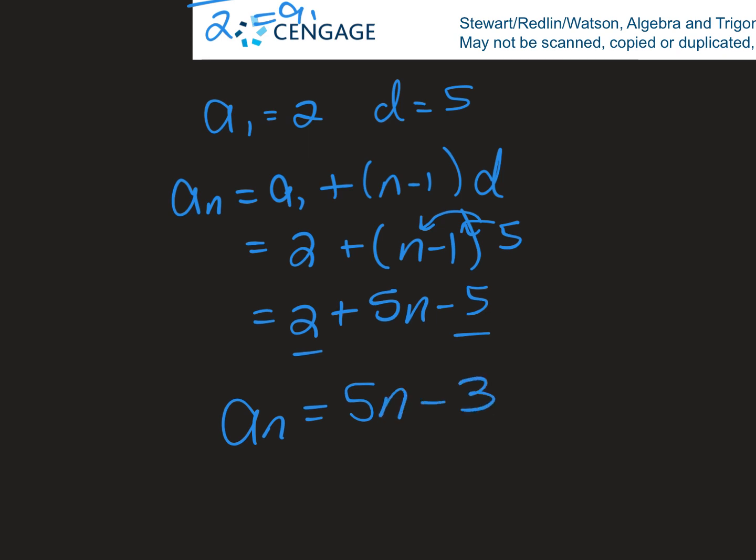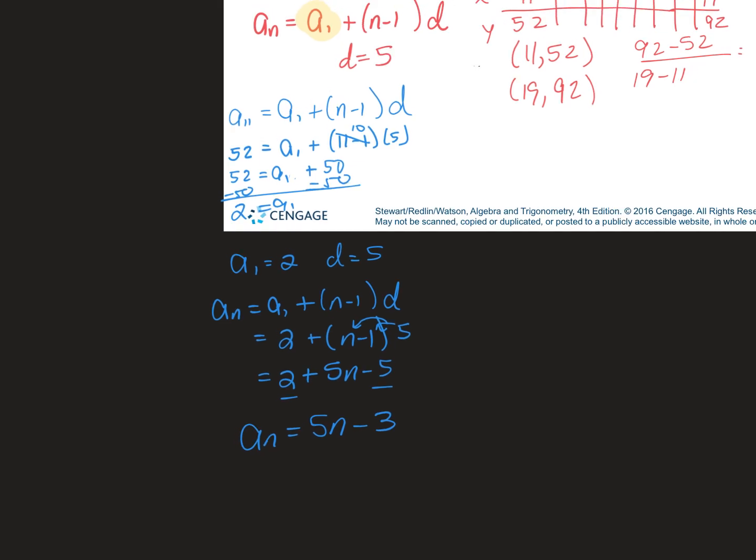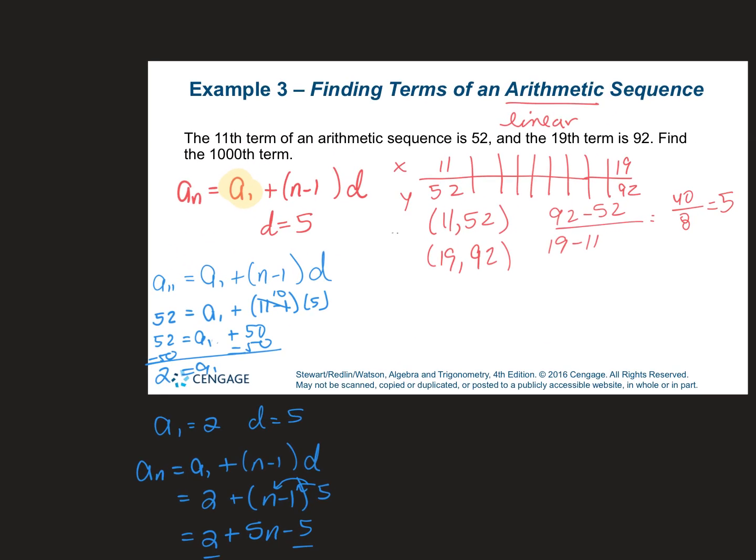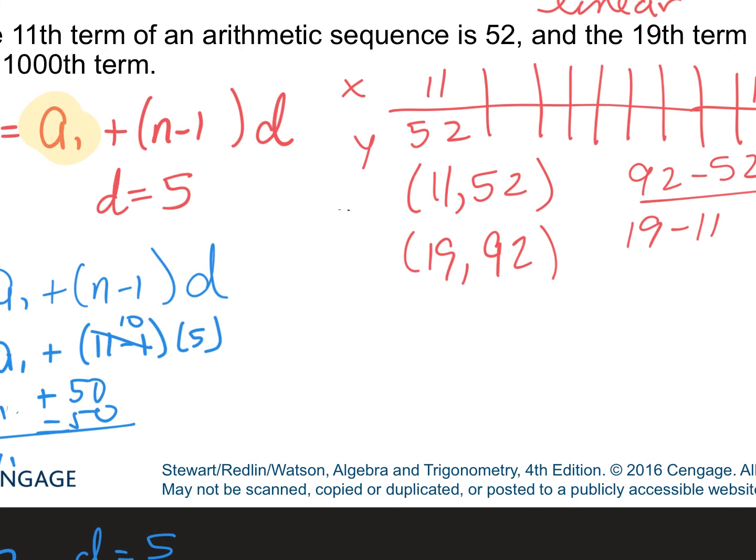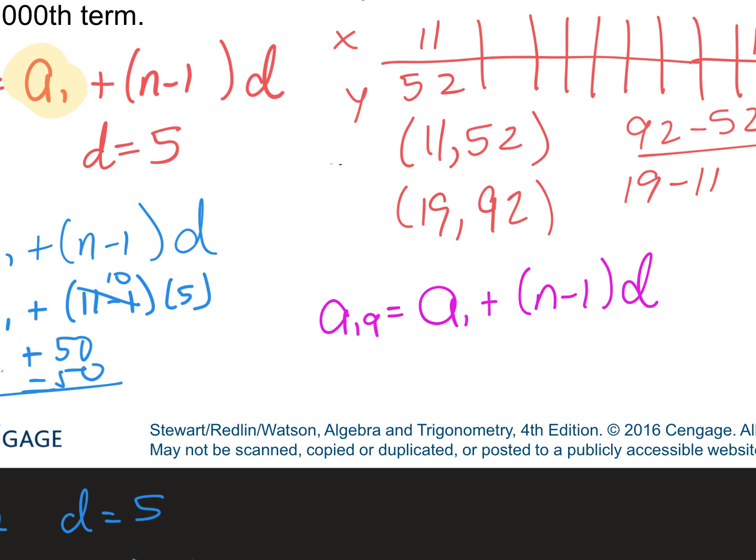Now, some of you are saying, what if I wanted to use the other piece of information they gave me, the 19th term? Okay, watch how that works. Same thing: a sub 19 equals a sub 1 plus n minus 1 times the common difference. The 19th term here was 92.